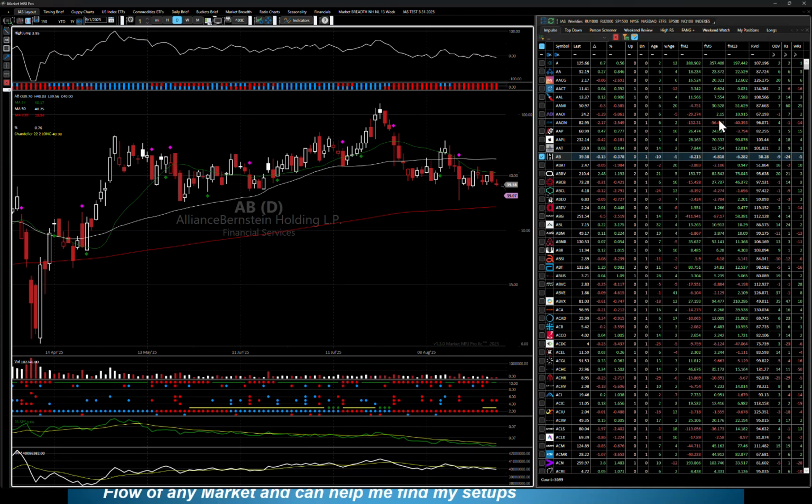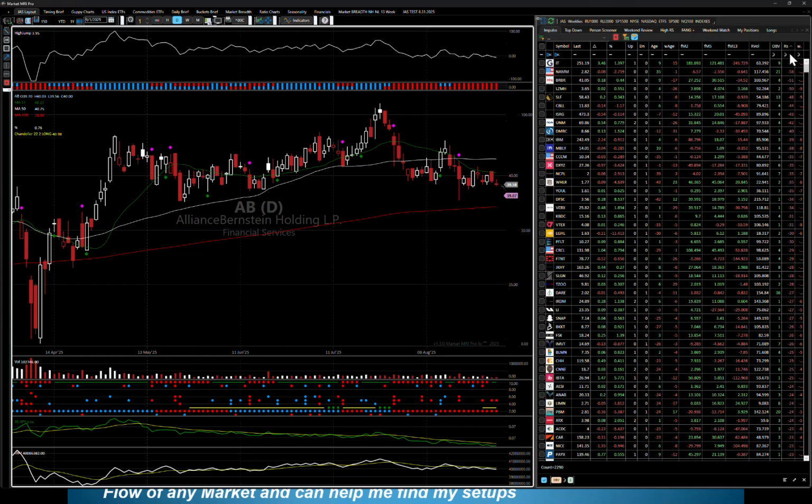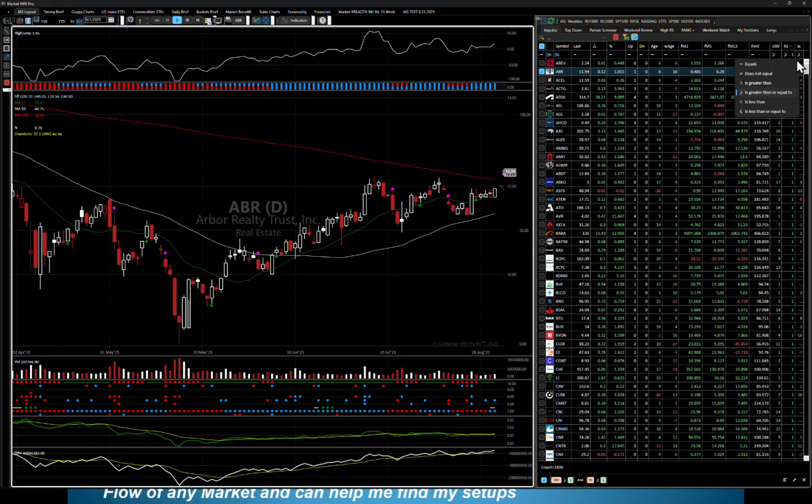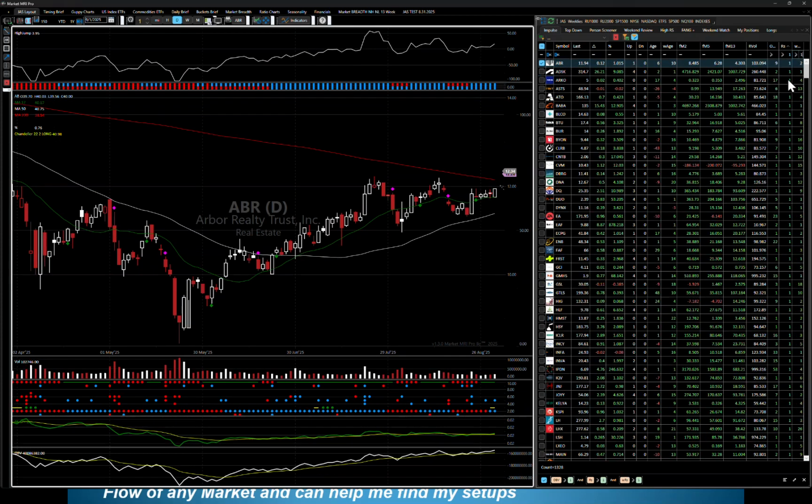Praveen, I saw the power of creating my own scans. You got to build a save function. I want to save. What I did is I went in and I did greater than or equal to 1 on OBV, greater than or equal to 1 over here, greater than or equal to 1 over there, and I got this.